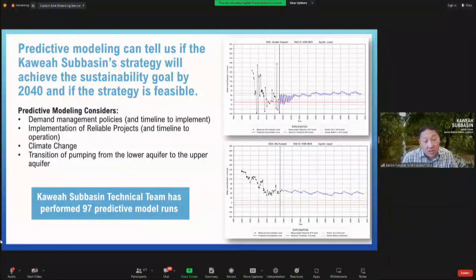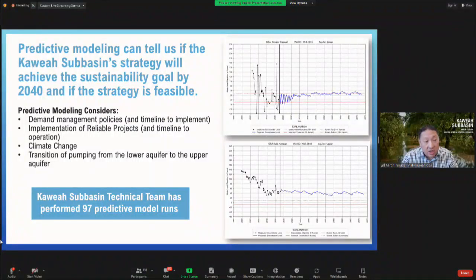So to evaluate our sustainability path, the Kaweah Subbasin GSAs have implemented a new MODFLOW model within the Kaweah Subbasin in partnership with Stanford University. This model implements a climate change projection along with all of our demand management and implemented projects and projects with timelines into the future.